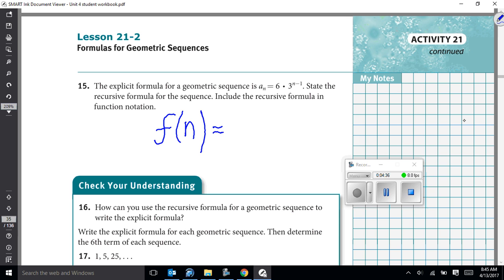What's our recursive formula? We have this geometric sequence.